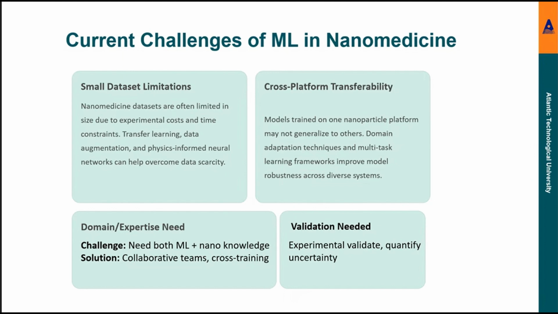And also another reason why there is a need for collaboration is that if the model is developed by AI experts, the experimentalists at times do not have an idea of how this machine learning model actually works, so they may not be able to trust the predictions made by these machine learning models. So with collaborative efforts, all these challenges can be alleviated.